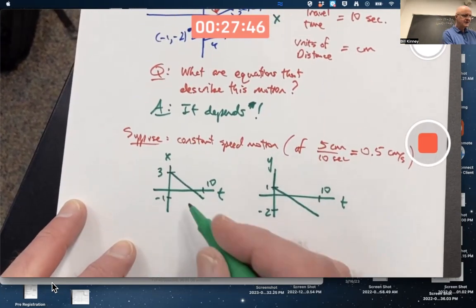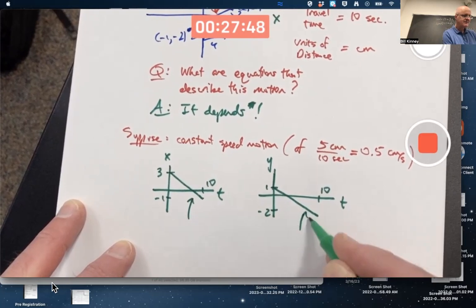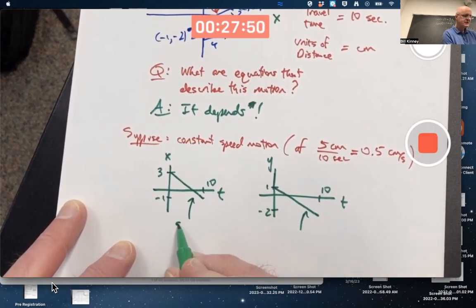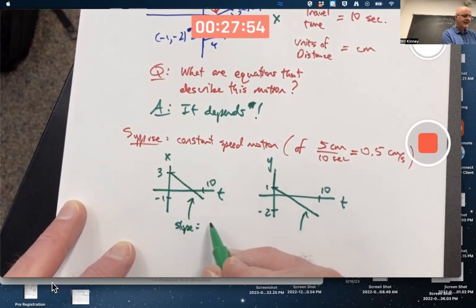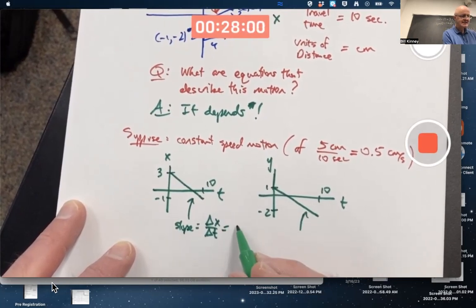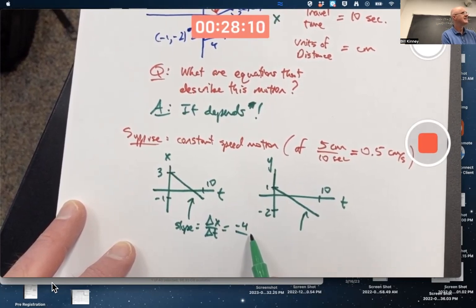So what are these equations? What are the equations of these graphs? Well, the slopes are constant and they're negative. They're rise over run. Delta x over delta t for this one. Change in x is -4, right? X decreases from 3 down to -1. As a difference, I would write that as -1 minus 3, -4.